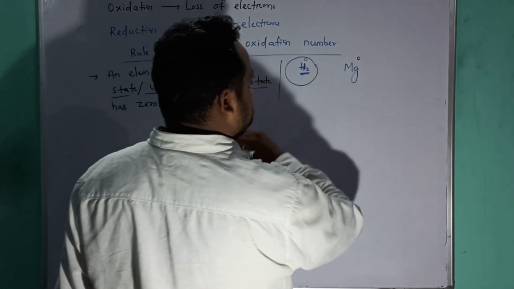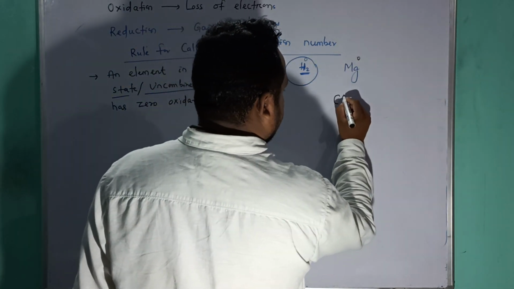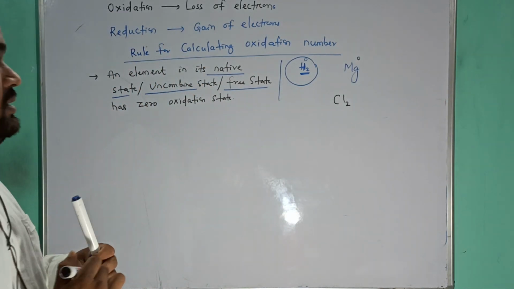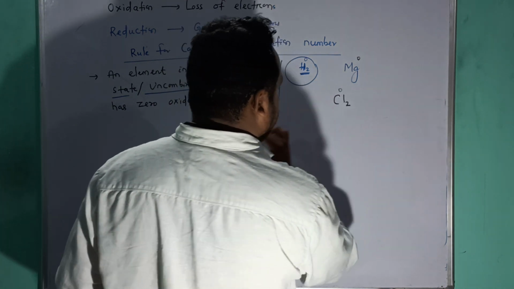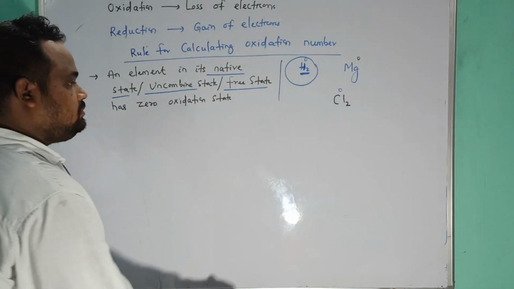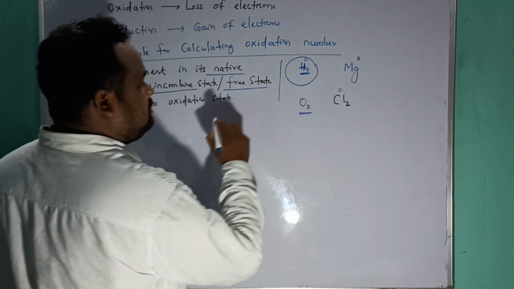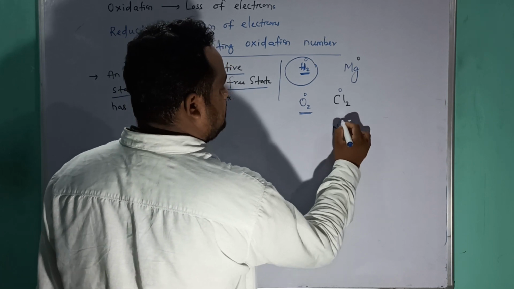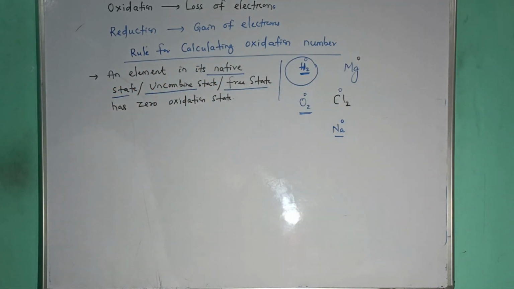It has 0 oxidation state. Chlorine always exists in diatomic form, does not combine with any other element. It also has oxidation state 0. Oxygen, uncombined state 0. Sodium is 0. Means free state. When it does not combine with any other element, it has oxidation state 0 or the charge on the atom is 0. First point I think is clear.